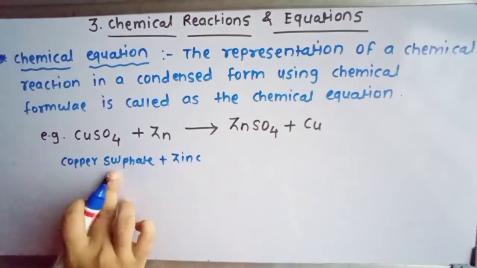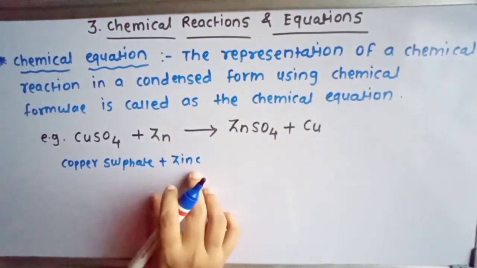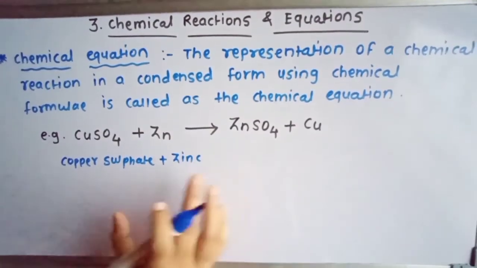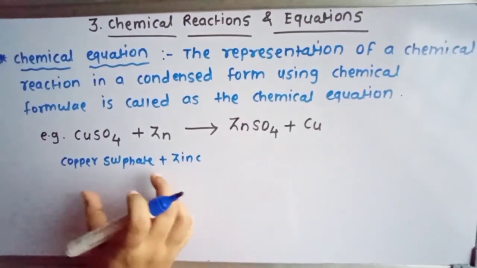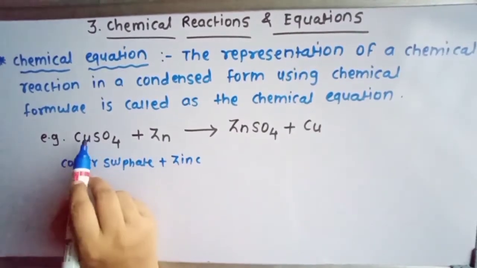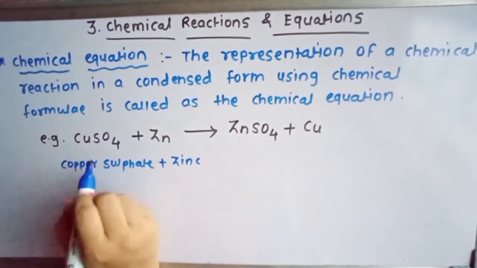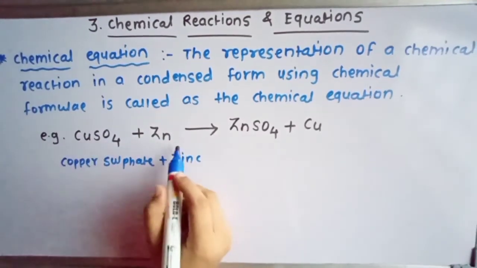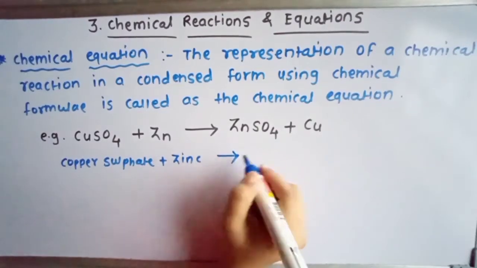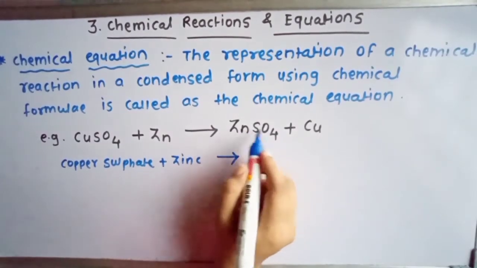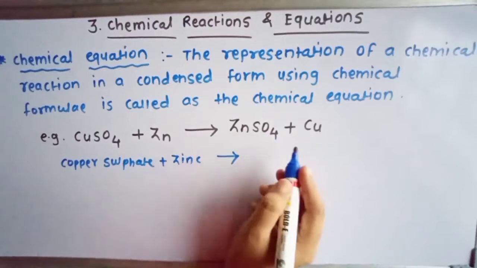So copper sulfate reacts with zinc. Instead of writing copper sulfate and zinc, what have I written here? CuSO4 plus Zn. CuSO4 is the molecular formula of this compound. Copper sulfate plus zinc, what will you get? ZnSO4. Zn means zinc, again SO4 means sulfate.